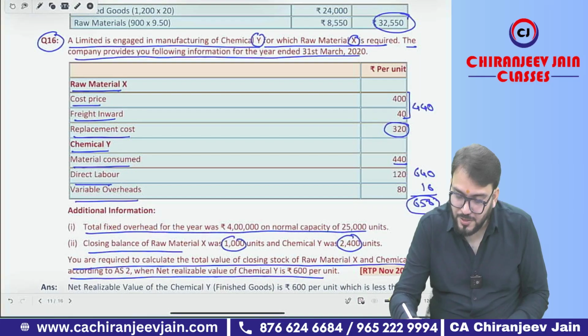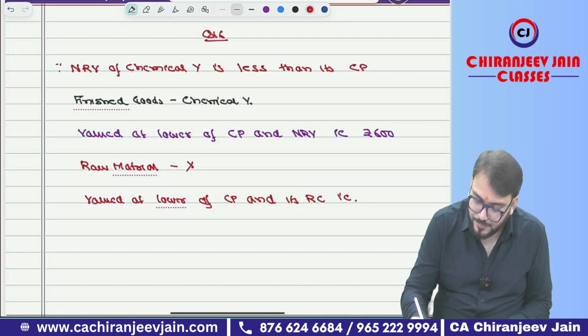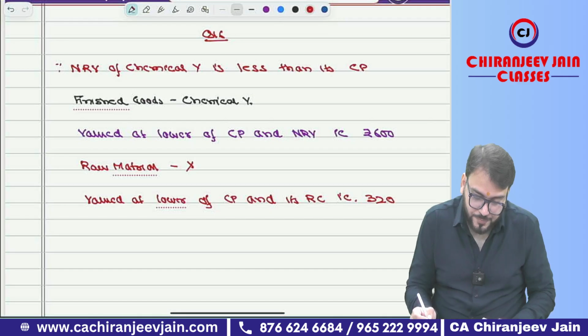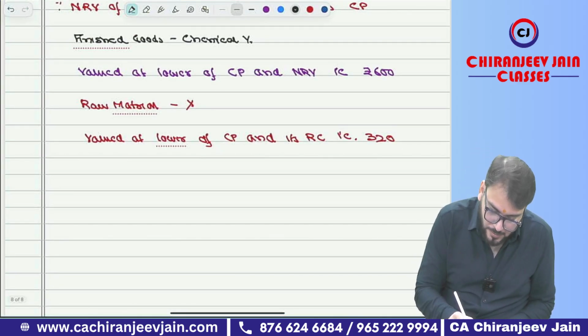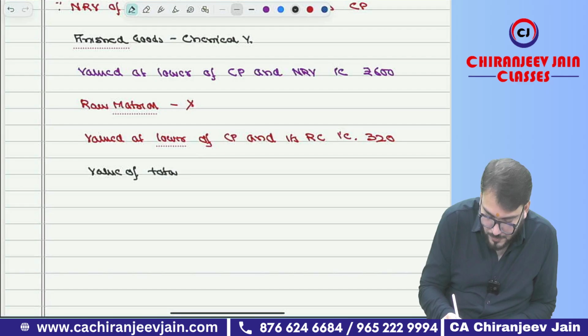So cost price is 440, 320 is the replacement cost. So that is 320. Correct? Understood? Value of total inventory.